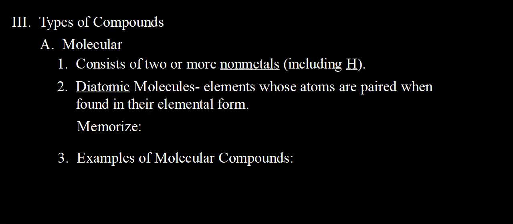We call these the Hofbrinkels. So when we're talking about elemental hydrogen, hydrogen doesn't exist as individual atoms, but rather two atoms that are covalently bonded to each other to make a diatomic molecule.